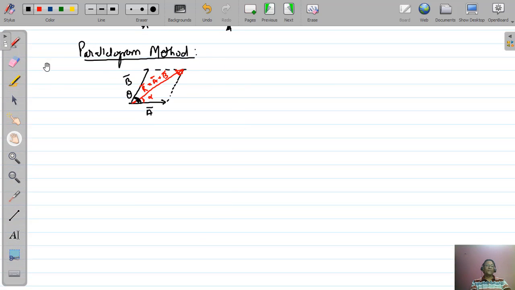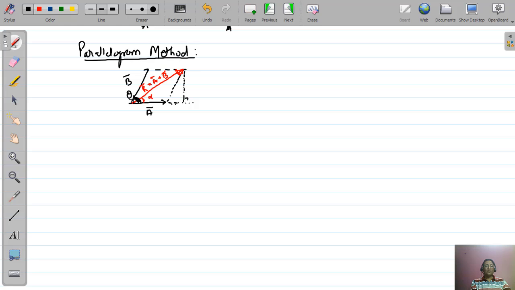using the geometry. For this, we extend this vector A and a perpendicular is dropped on this line.